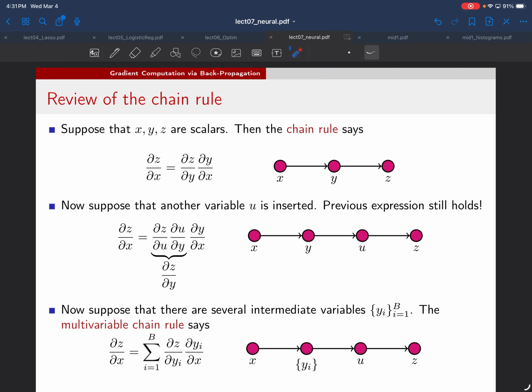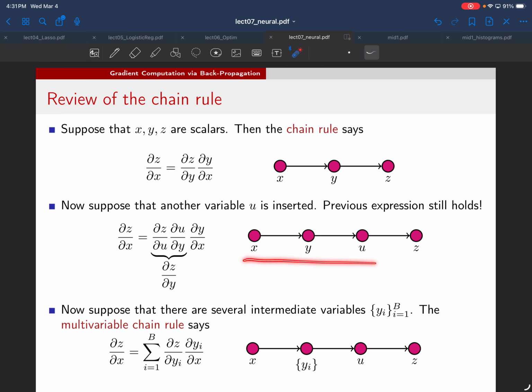Now, let's suppose that we insert another variable into our network, maybe as another way of describing things, where this was an intermediate variable between here and here that we didn't actually define, but now we defined it.